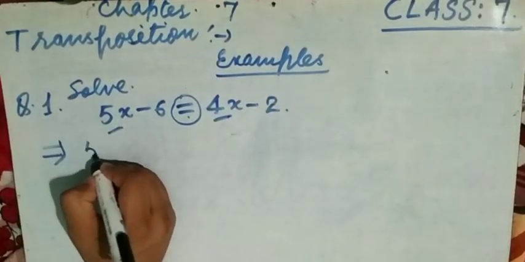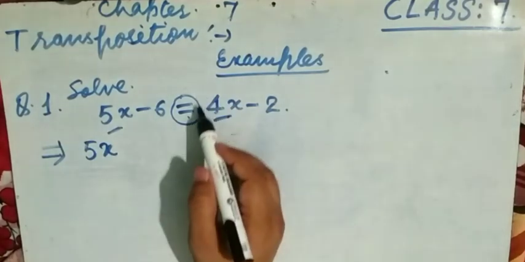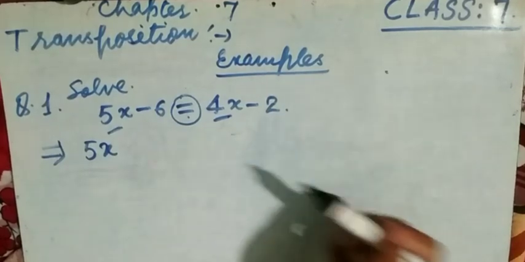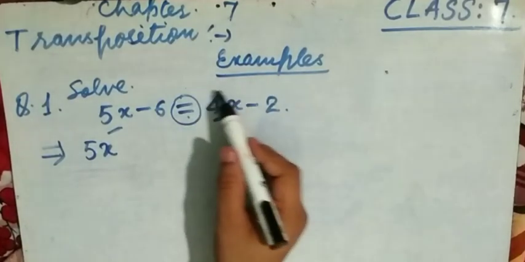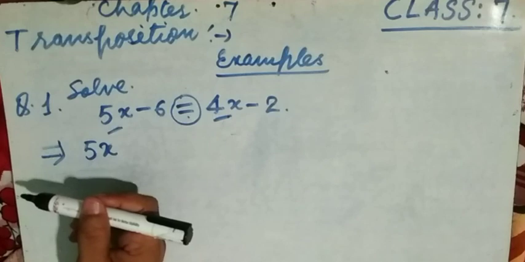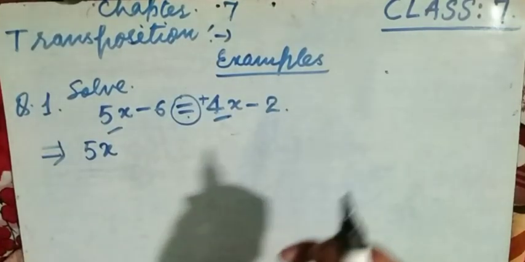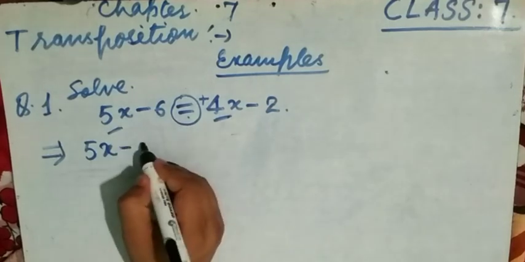Now we have to transpose this 4x towards the left hand side, with a change of sign. Here the sign is positive, now we will take it as negative, as minus 4x.